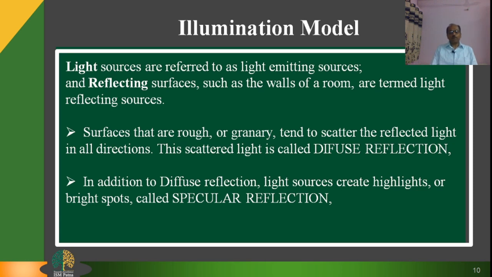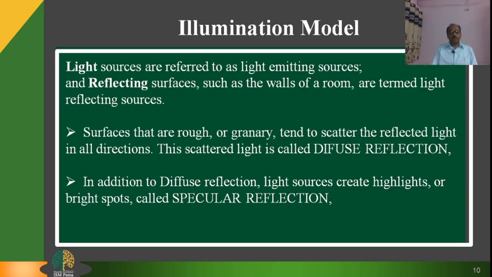The simplest model for a light emitter is a point source. When light is incident on an opaque surface, part of it is reflected and part is absorbed. The amount of incident light reflected by a surface depends on the type of material. Shiny materials reflect more of the incident light, and dull surfaces absorb more of the incident light.